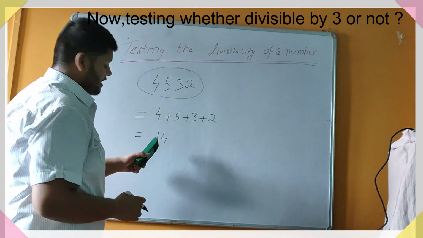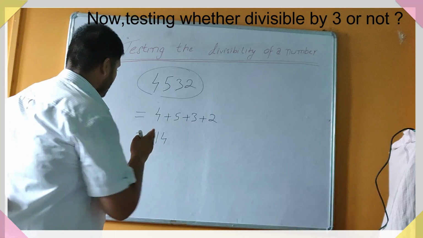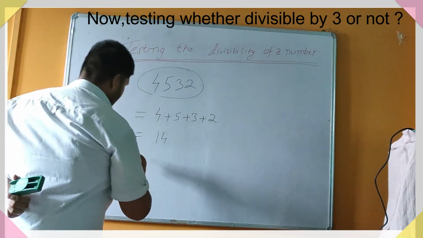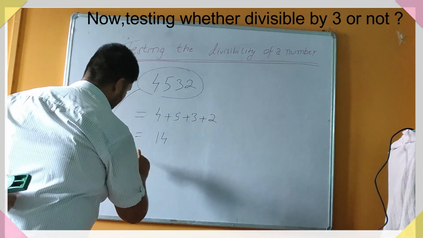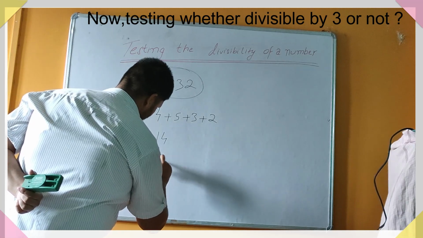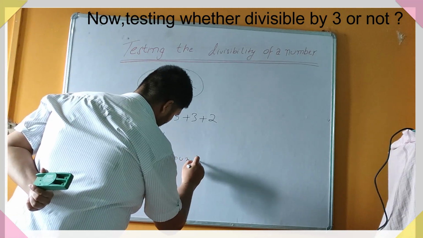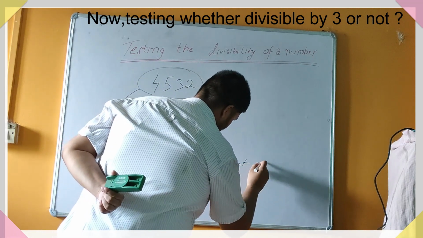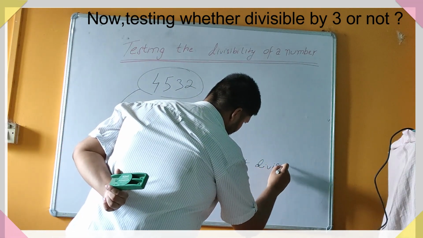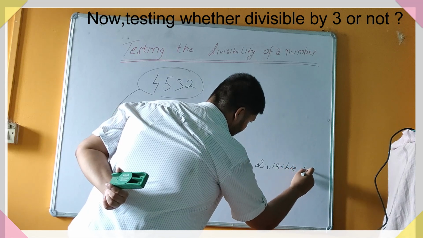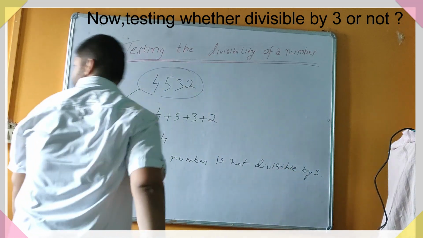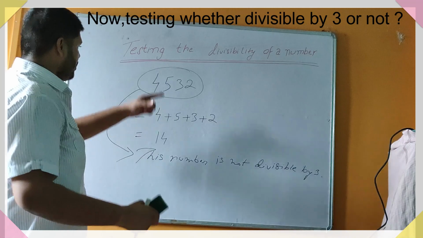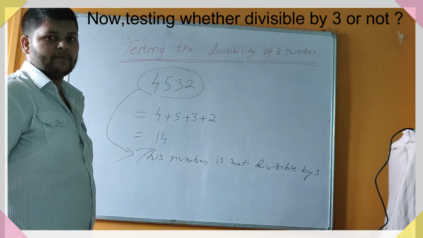So this 14 does not come under the table of 3. That is why this number is not divisible by 3. This whole number is not divisible by 3.